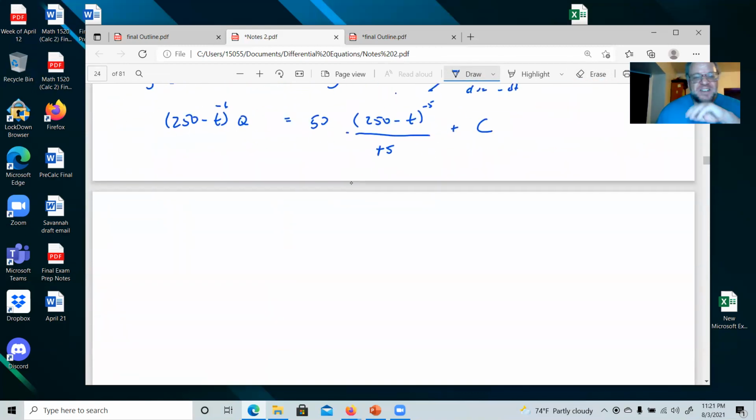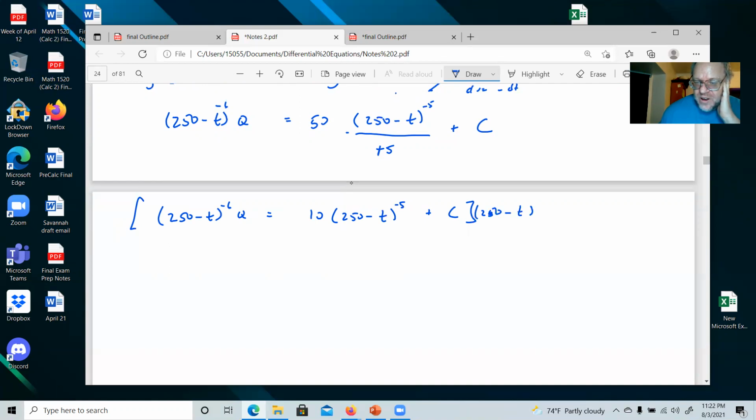So here we go. We have 250 minus t to the negative 6 times q is equal to, these cancel, 10 times 250 minus t to the negative 5, plus c. Now we're going to go ahead and isolate the q. We're going to multiply by 250 minus t raised to the 6th power on both sides. So q is equal to 10 times 250 minus t, 6 minus 5 is 1, plus c times 250 minus t raised to the 6th power.